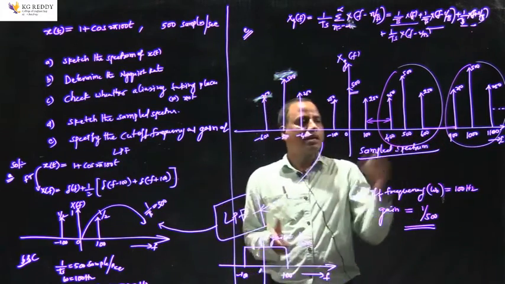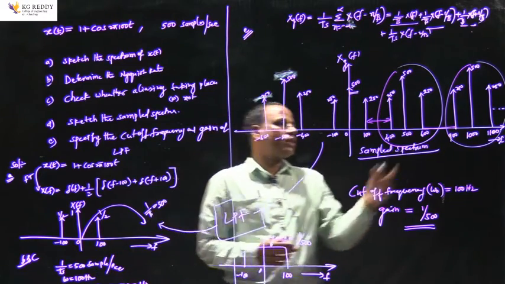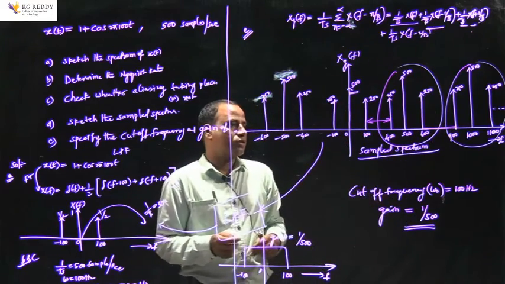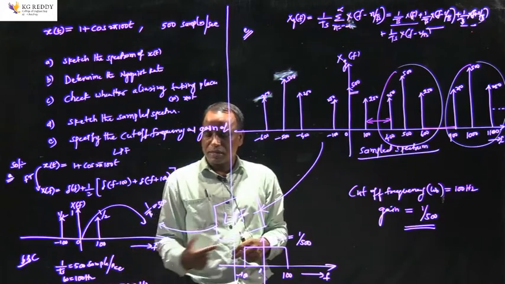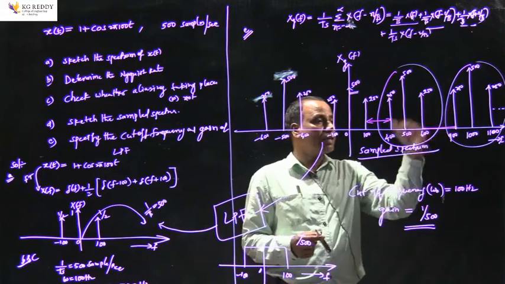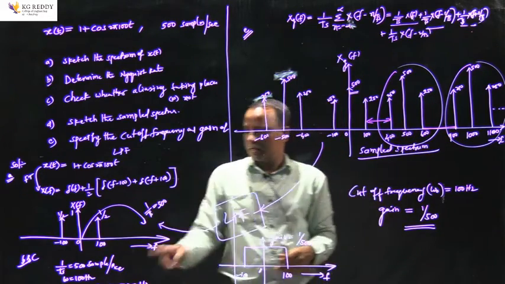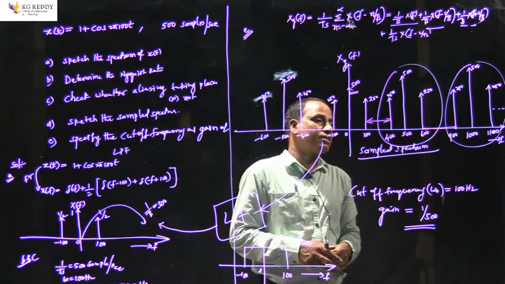So we can clearly understand that when a signal is sampled with an oversampling rate, we get these guard bands in between the pulses. If the signal were sampled with the minimum sampling rate, there would have been overlapping of frequencies in the sample spectrum, but here it is sampled with an oversampling rate, so there is no overlapping taking place.